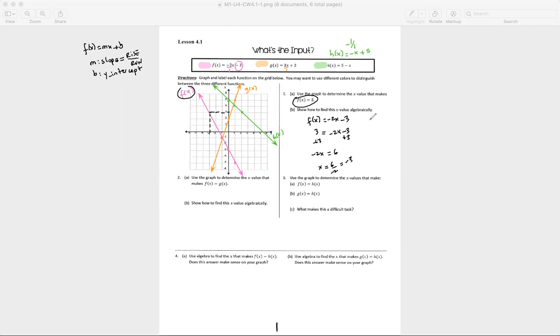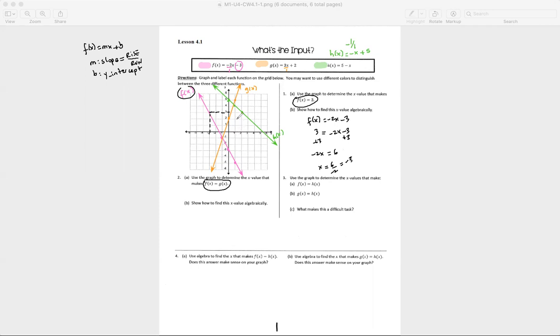Now that's part B. Part number 2a, use the graph to determine the x value that makes f of x equal g of x. This is an important skill to know. When they say f of x equal to g of x, graphically, that means where f of x and g of x meet, where they cross.